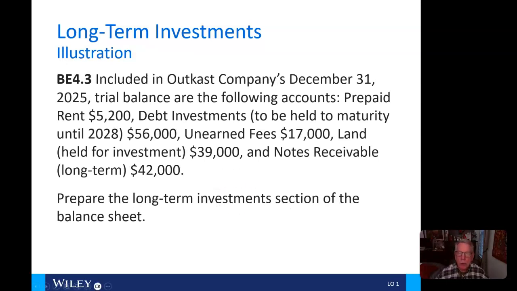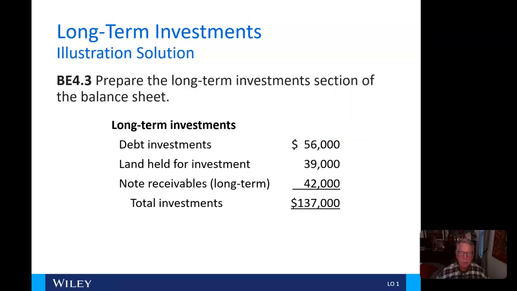You will notice that unearned fees, land, and prepaid rent are not included in that.